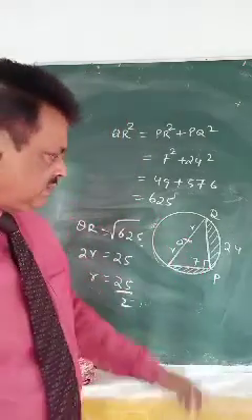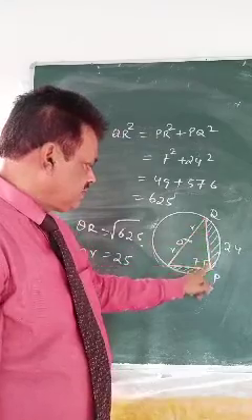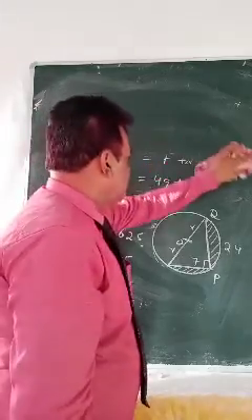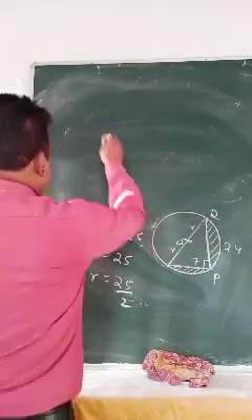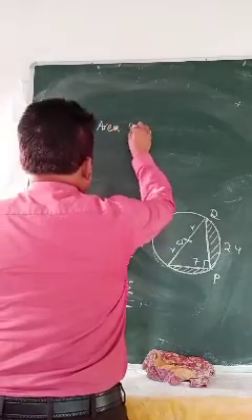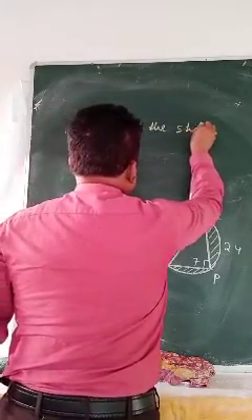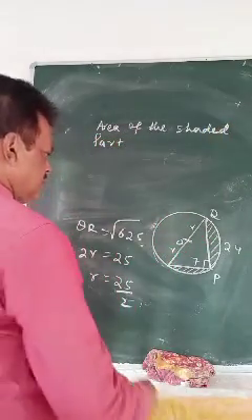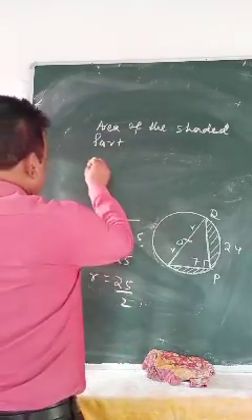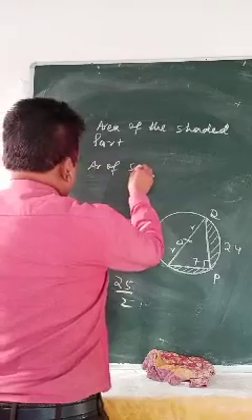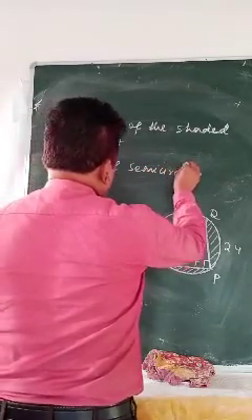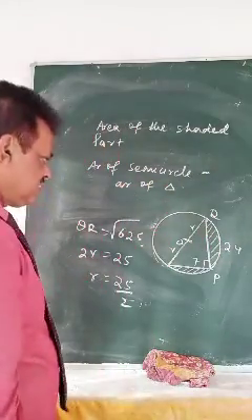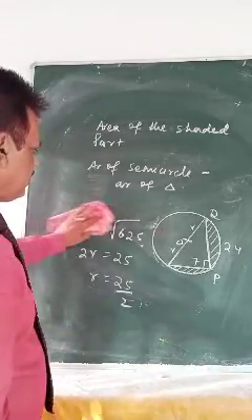Now tell me, area of the shaded part is area of the semicircle minus area of the triangle. The semicircle is pi r square by 2.